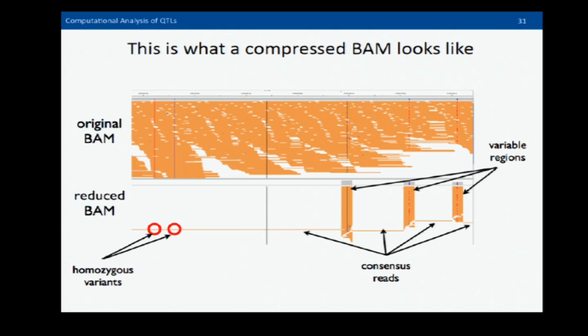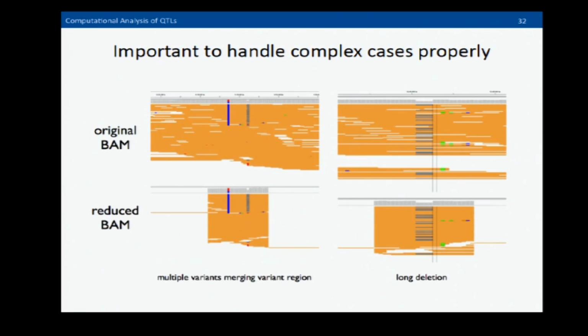And so here's an example of the original BAM file and all the reads. And what you do is you just trim it to only the variable regions, right? And so you are stripping information around the variant regions out of the BAM file. And things greatly compress, and the downstream processing becomes much more efficient.